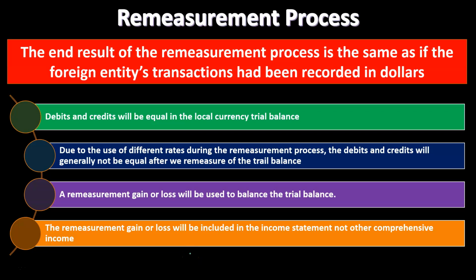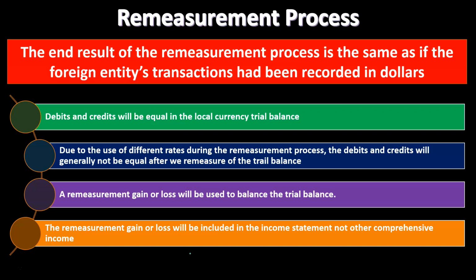Now, the remeasurement gain or loss will be included in the income statement, not other comprehensive income. This is what's different here, another thing that's kind of different from the translation process. In translation, we would put the difference into other comprehensive income.